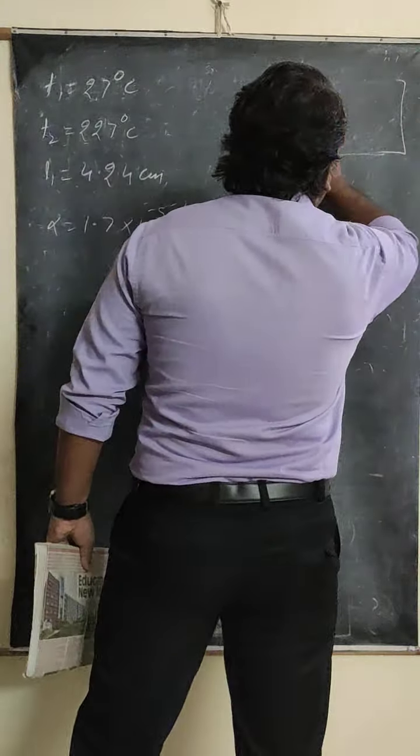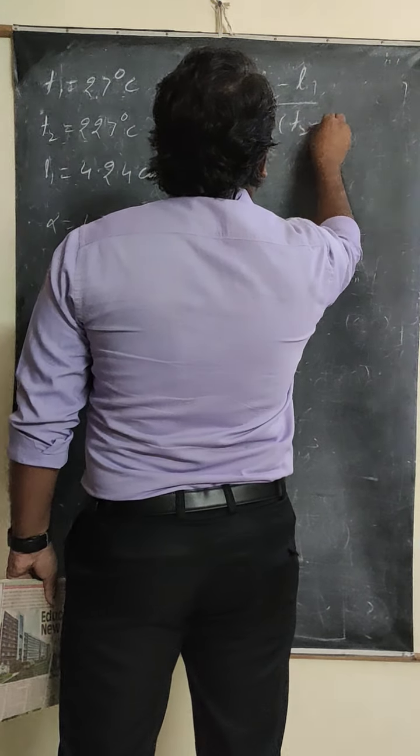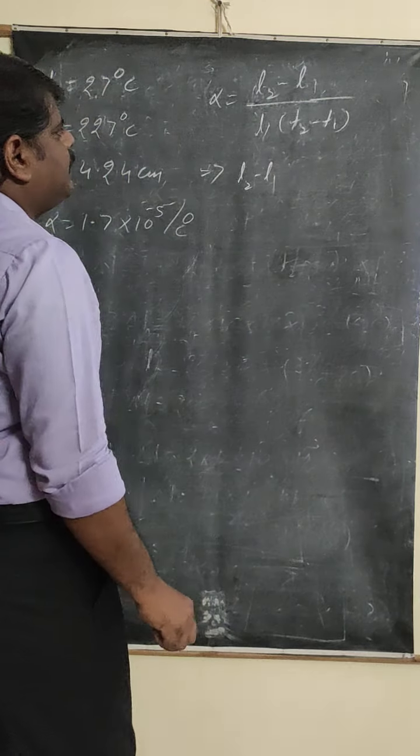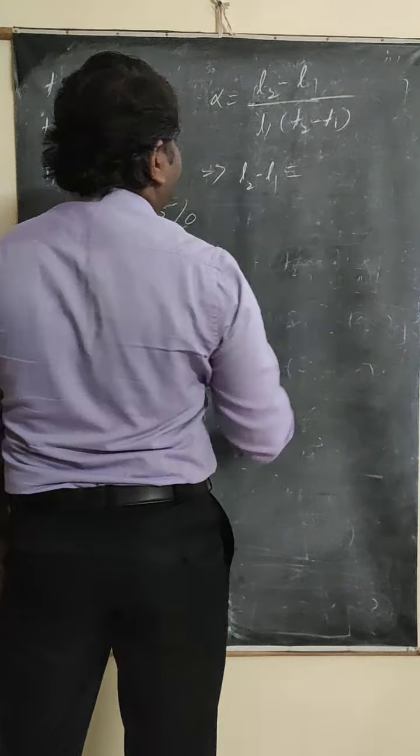Here don't be confused, L represents diameter here. What's the formula I can write? Alpha is equal to L2 minus L1 by L1 into T2 minus T1, that is, delta T. That implies L2 minus L1 is equal to, these terms going to this side, alpha into L1 into T2 minus T1.